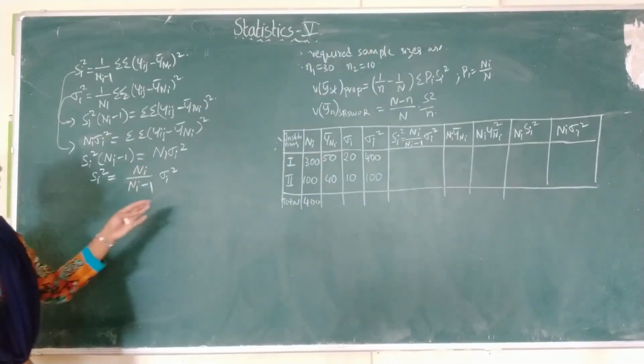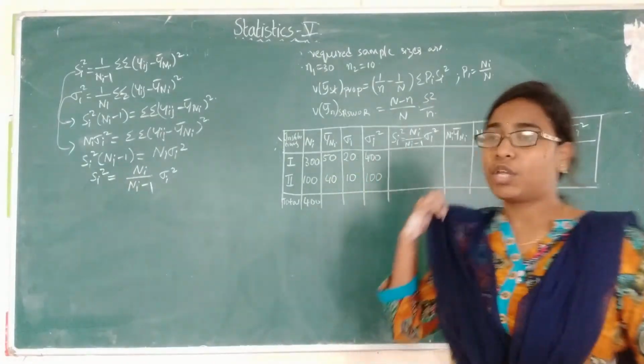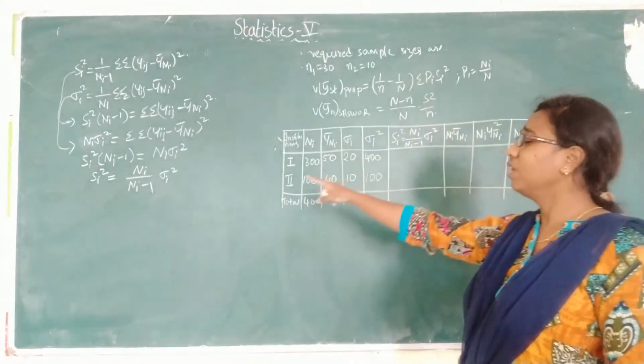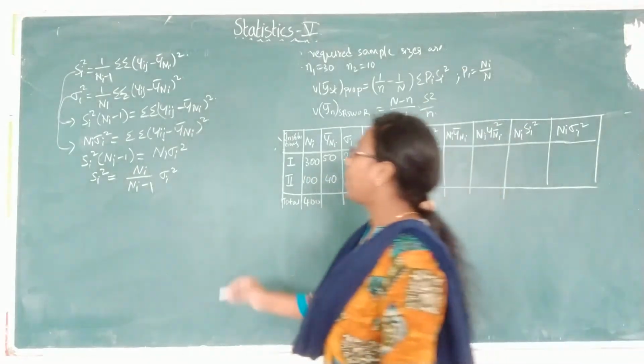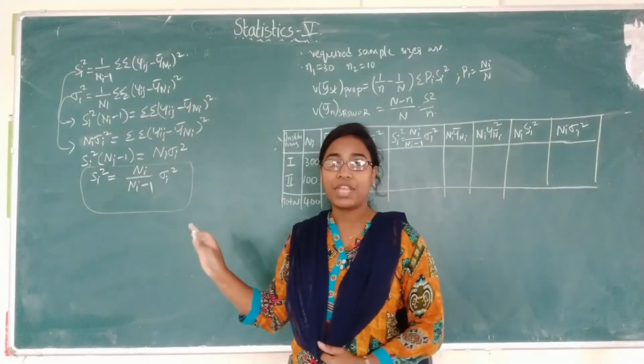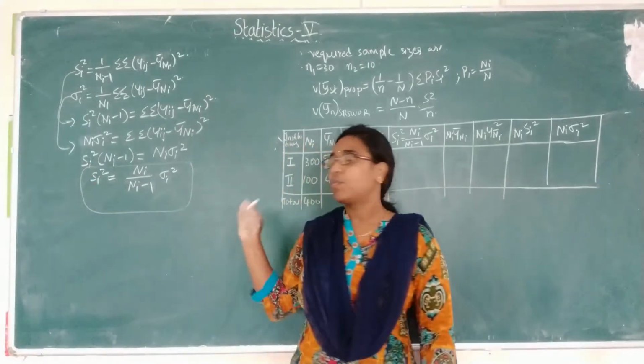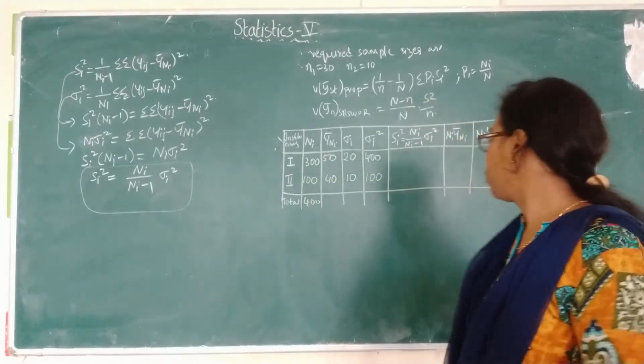Whenever the standard deviation sigma values are given, we can estimate Si by using this formula. There is no need to write all the simplification; just remember that Si square equals Ni by Ni minus 1 into sigma i square.